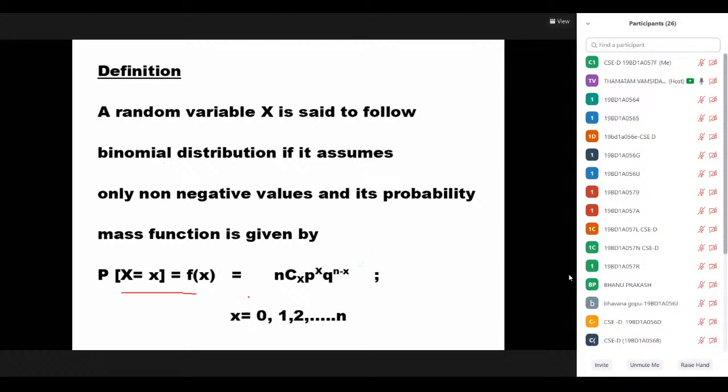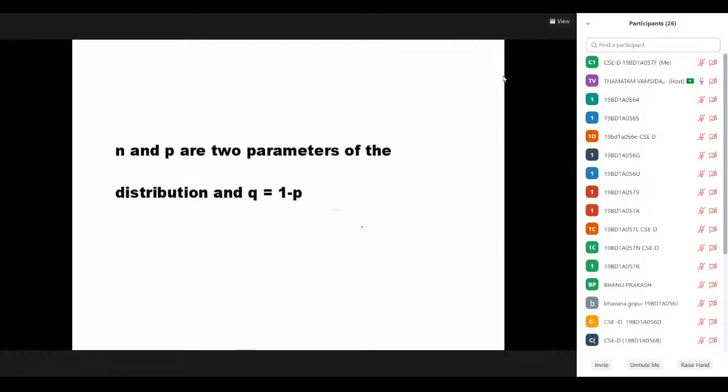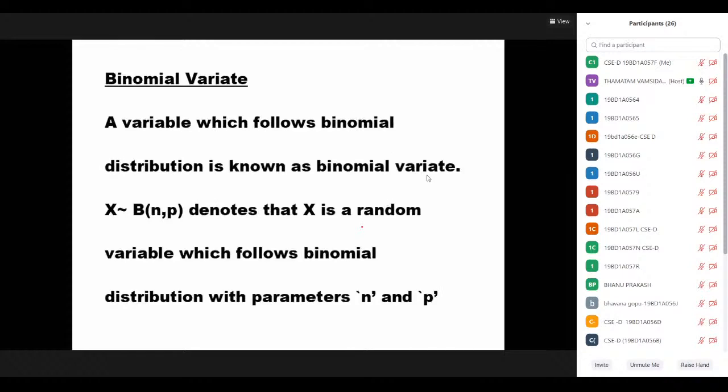Remember x takes only non-negative values 0, 1, 2, and so on up to n. This is about the binomial distribution.